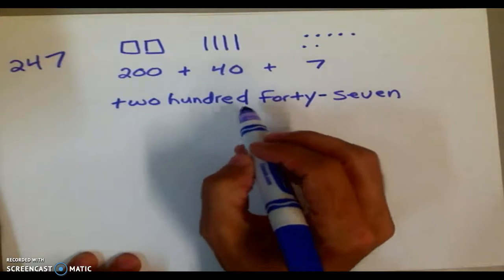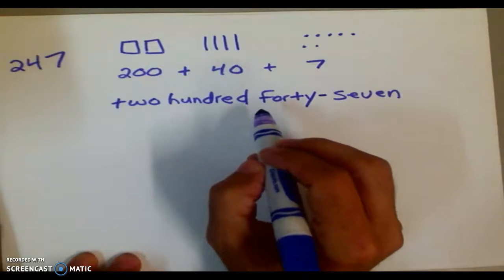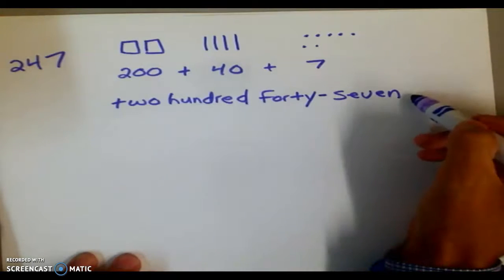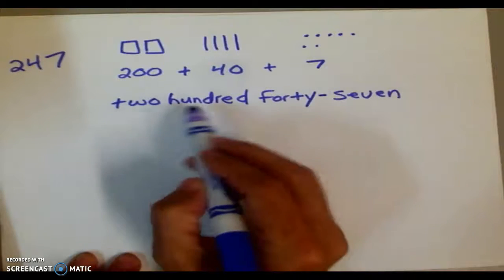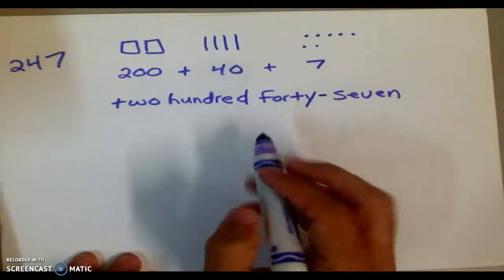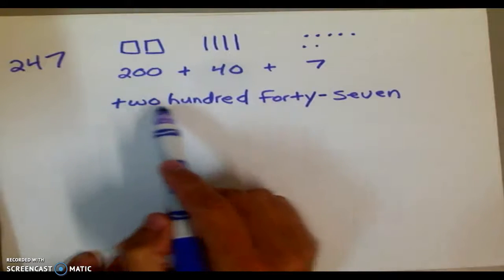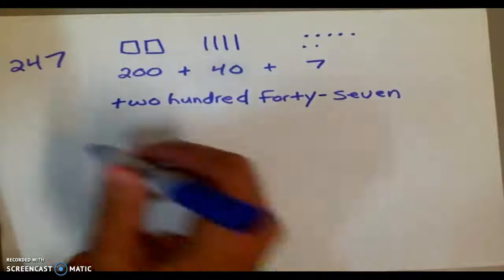Something that you will learn later is about decimals. We don't say "and" until we get to decimals, okay? So don't say "and" here, just say 247. All right, I know sometimes it's hard not to say it, right? So we have 200, this is word form, expanded notation, and base 10.